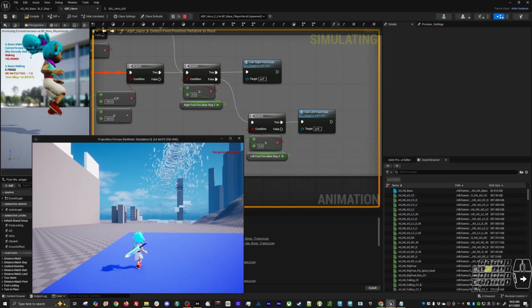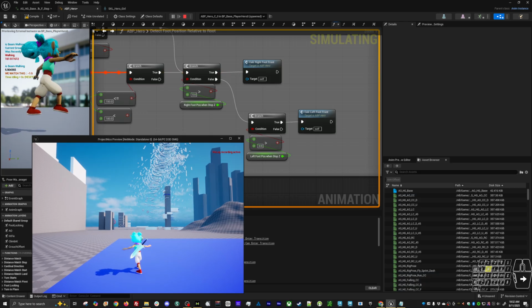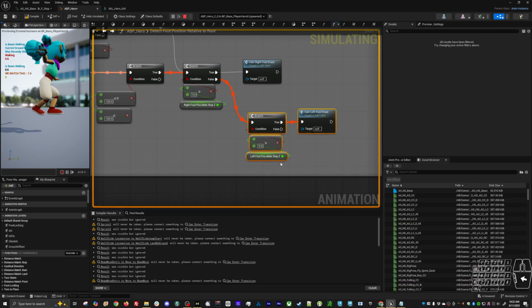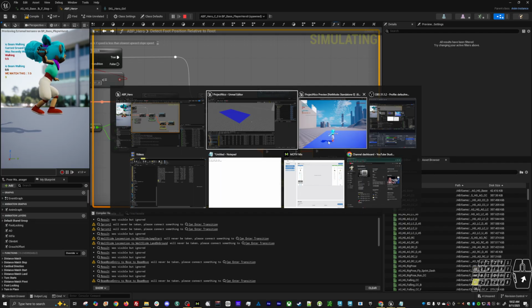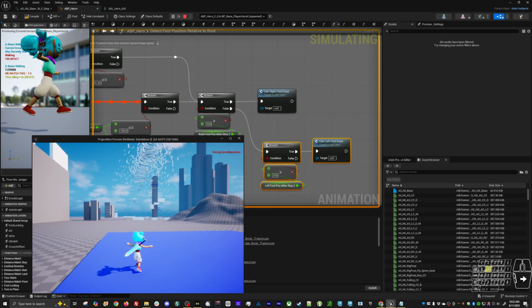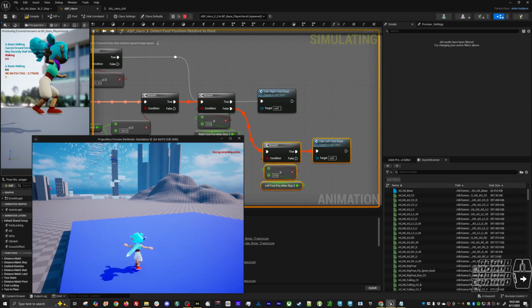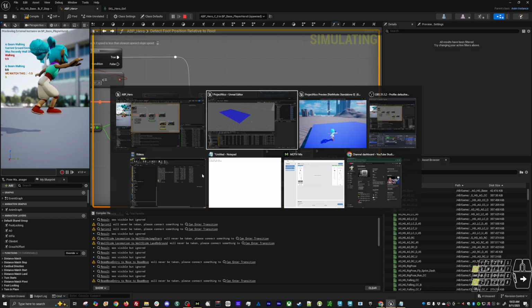Then I'll somehow fix that bug. All right, so the left foot is in front, then this one takes over. Right foot position when stop Z is greater than 0. So basically, was the right foot in the air?